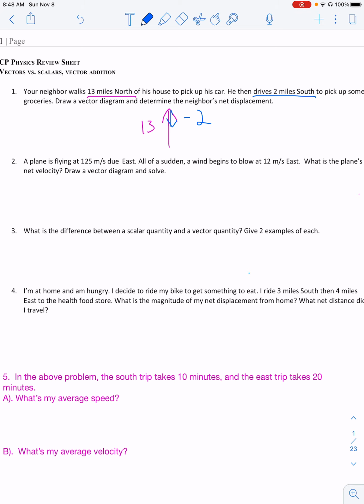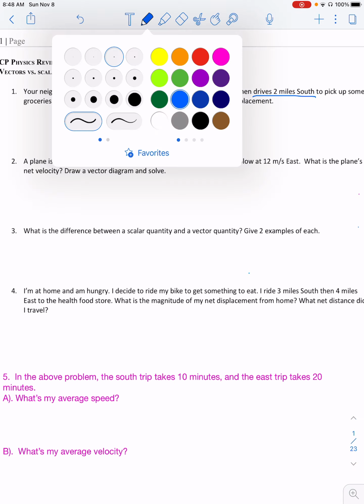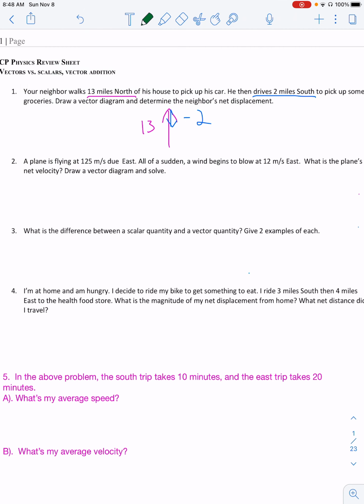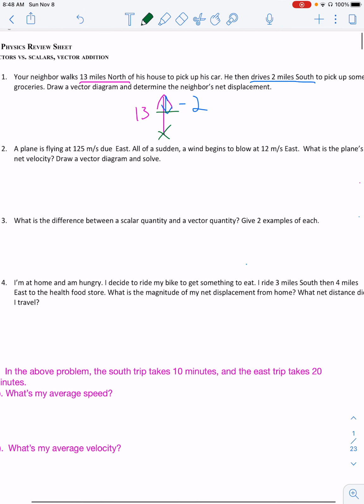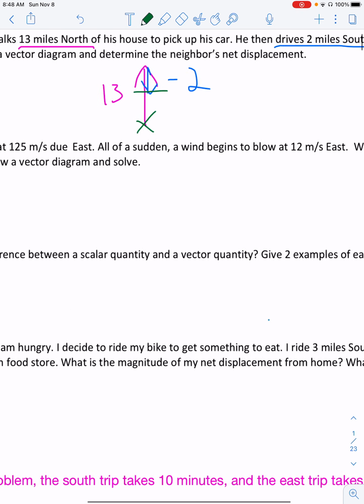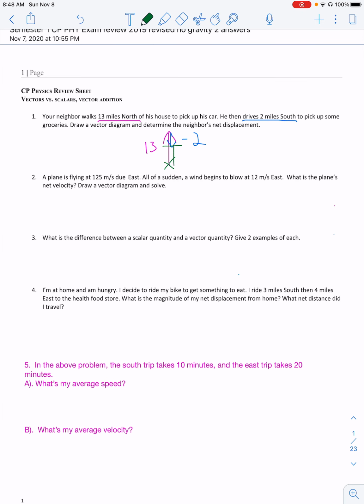Okay, so for displacement, the distance from the start to the finish, in the direction from the start to the finish, is represented by that arrow, from the start to the head of the last arrow. So we can just do the math. 13 plus a -2 is equal to 11 miles.